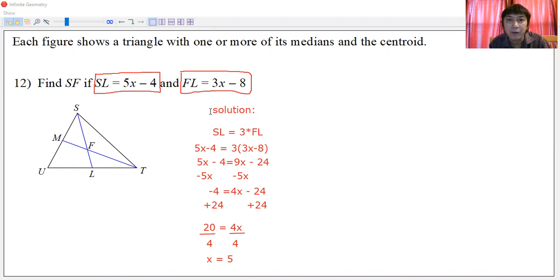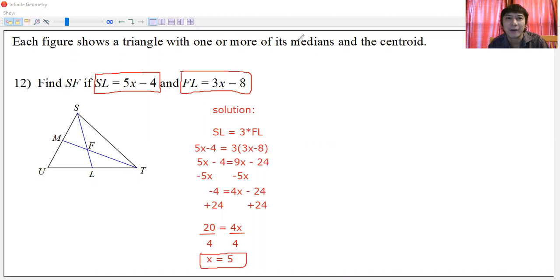We have the x value, and we're asked to get SF. None of the expressions is SF, but we can relate SF. It is twice the smaller.